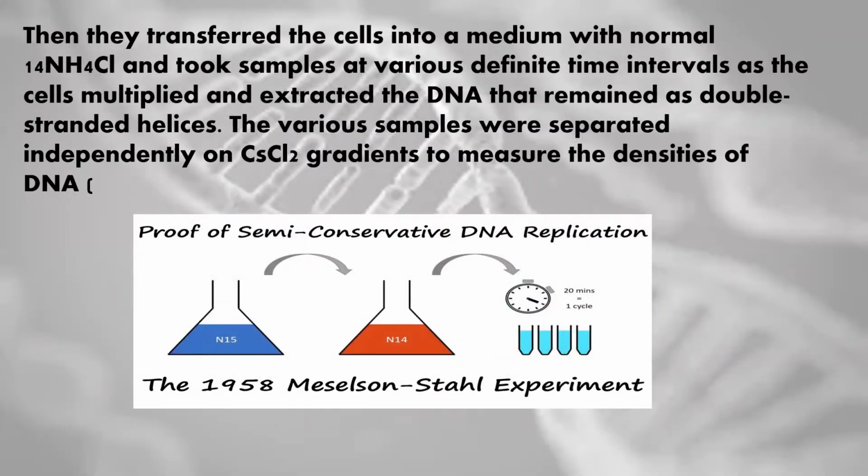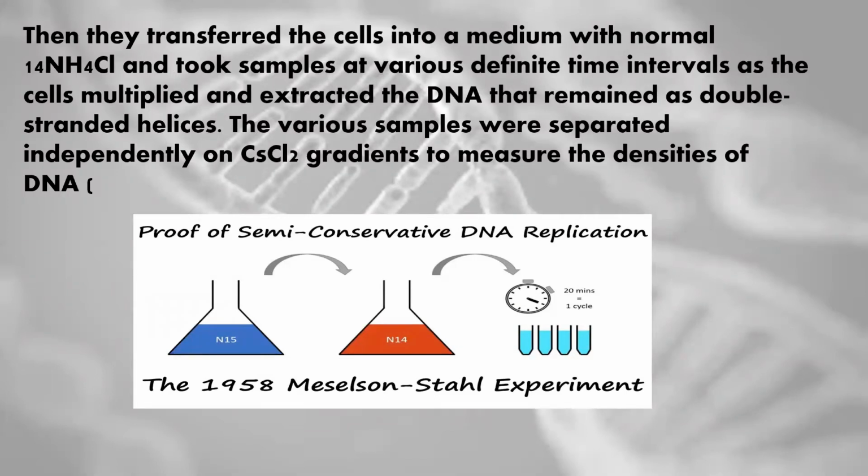Now, after growing E. coli in heavy nitrogen source for various generations, they transferred a few cells from that medium to the normal medium, which had a normal nitrogen source, ammonium chloride having N14.